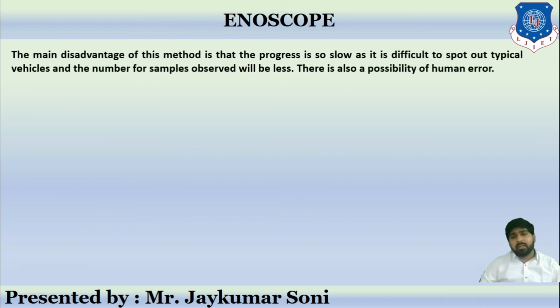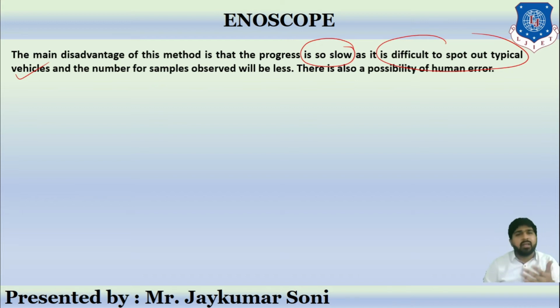If we discuss this method, the main disadvantage, the minus point, is that this process is very slow because two members are required. It is a very slow moving process and it is also many times difficult to spot the typical vehicle, because we cannot use this method for a large number of vehicles passing this distance.